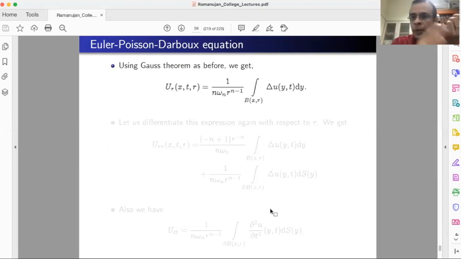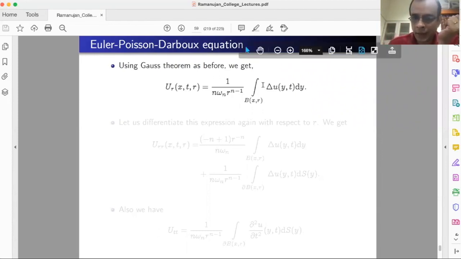In parallel to what we saw in the context of the Laplace equation, you get u r of x comma t comma r is 1 over n omega n r to the n minus 1, and now I use the Gauss theorem, integral over B of x comma r, Laplace u of y comma t dy. I just want to emphasize that this Laplace is only taken with respect to the space variables, not with respect to the time variable.